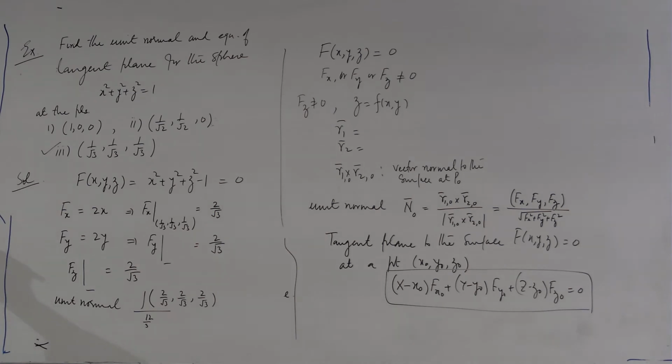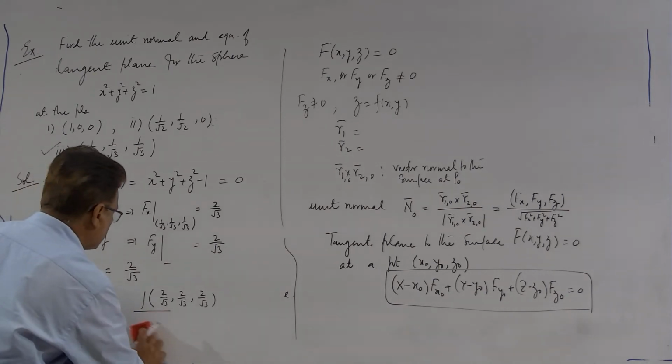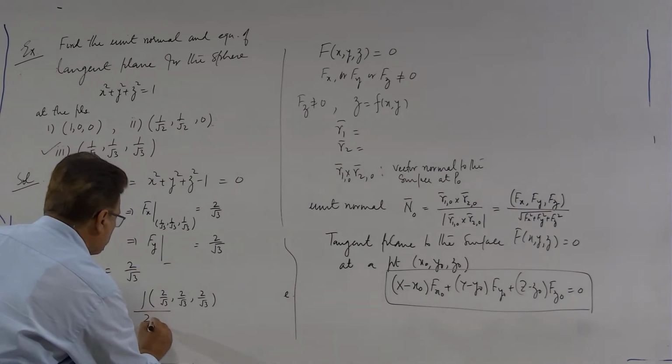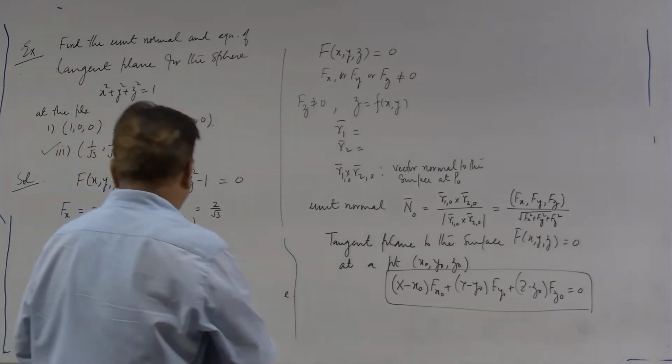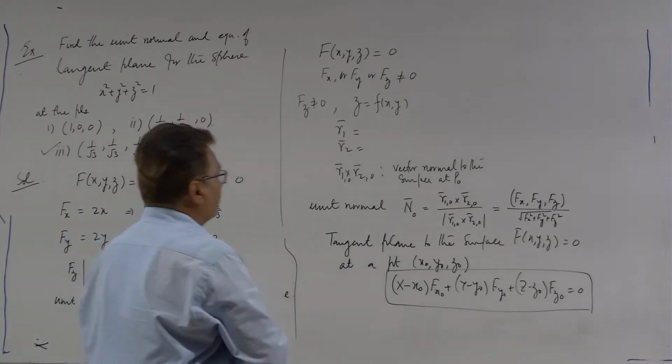So, how much? 12 upon 3 means the square root of 3 for the 12, just 2. Okay, so 2 upon root 3 you take common, 2 is cancelled out, so you can write down the unit normal. So, you can simplify it. So, this is the unit normal.